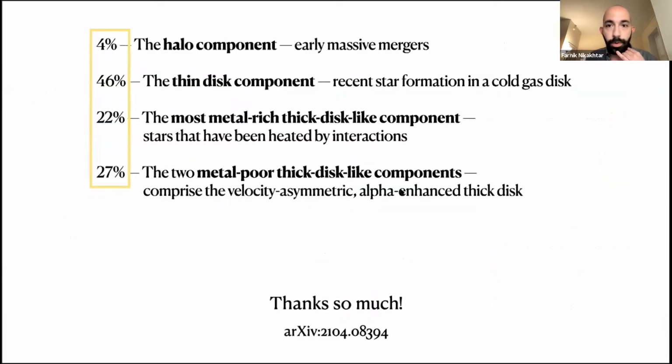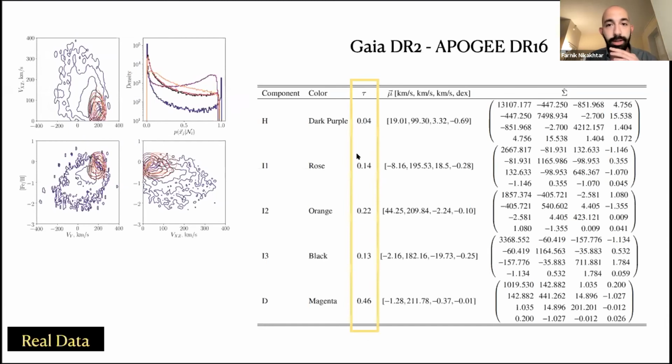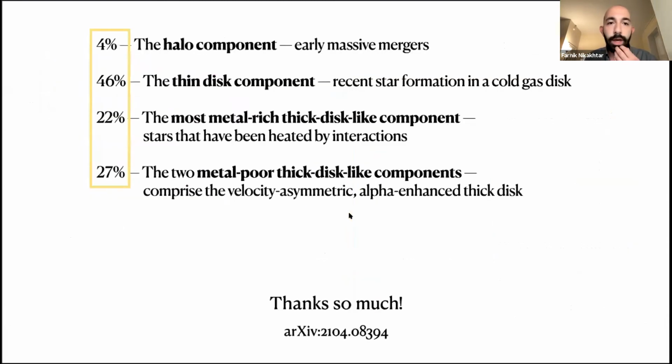So yeah, these are important. The weights are important. So the final scenarios that we can say are that, for example, 4% of the data is from the halo component, 46% is from the thin disk component, 22% is the most metal-rich thick disk-like component, and 27% are from the top 2 thick disk-like components.